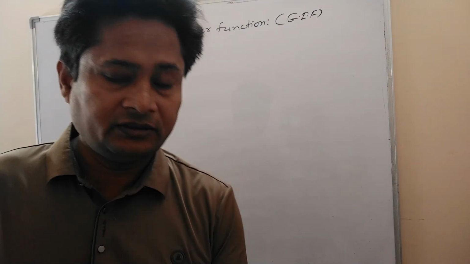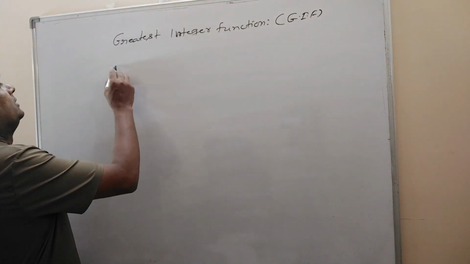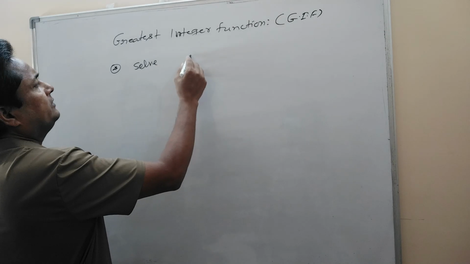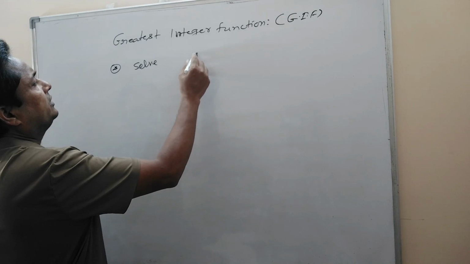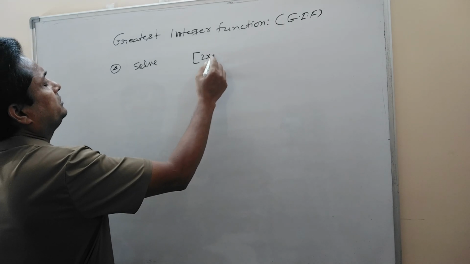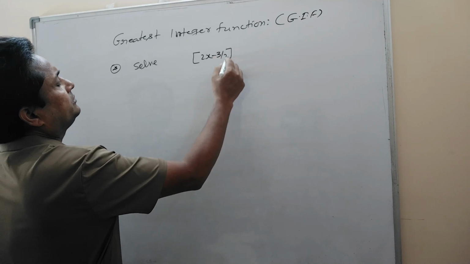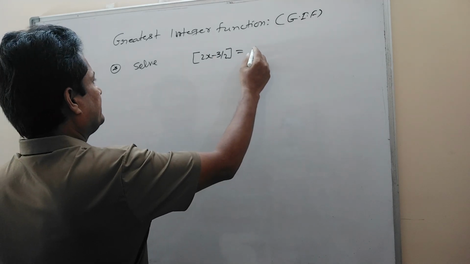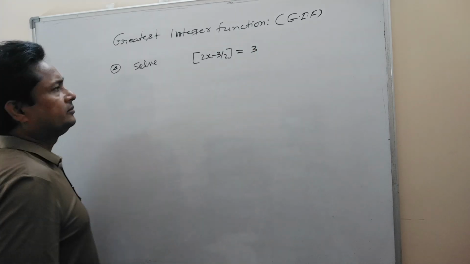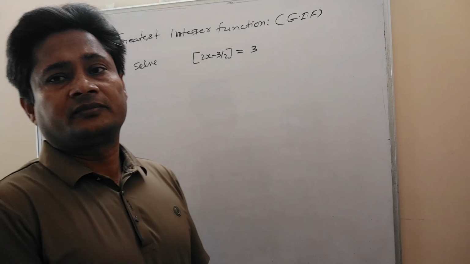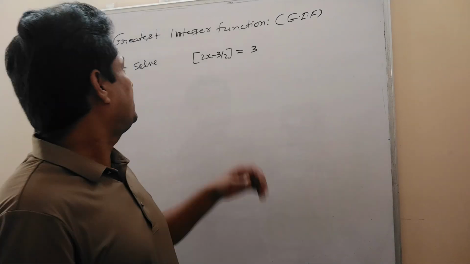Now next one is solve. If you want to solve this type of question, let's say greatest integer of 2x minus 3/2 is equal to 3, then what will be your answer? I told you this type of question.